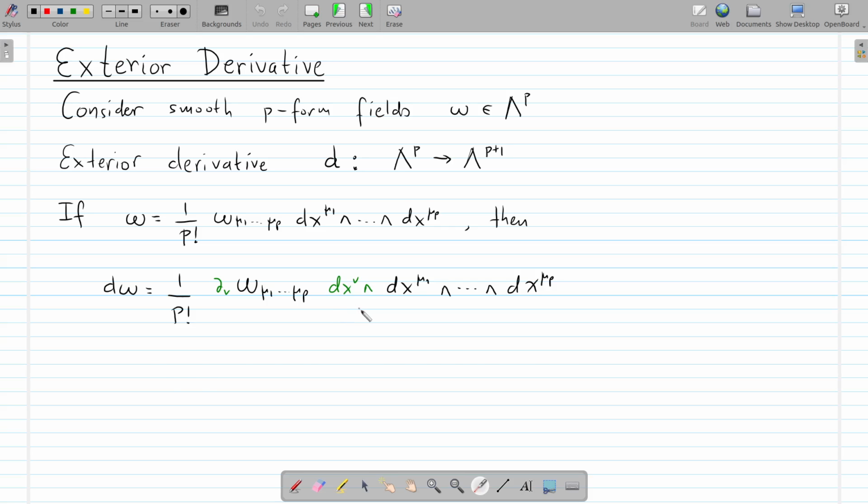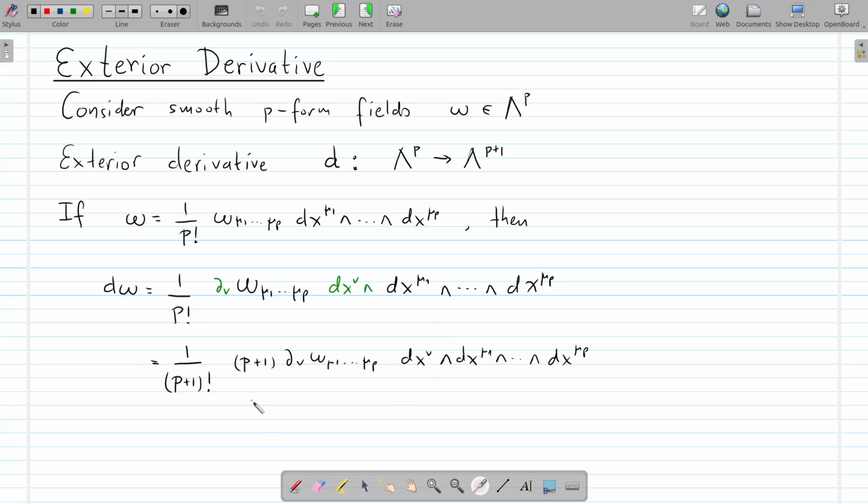So we have made some choices here. First is not to put here any normalization factor and to put dx^nu on the front rather than some other position in the wedge product. So these are conventions because they all lead to equivalent definitions.